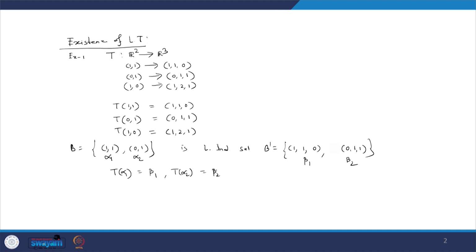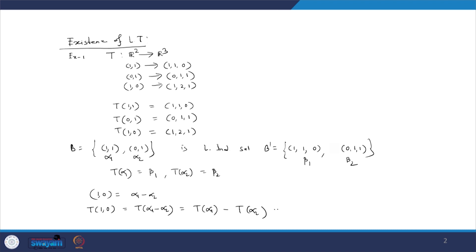But here we have another condition: (1,0) is a linear combination, alpha 1 minus alpha 2. If such a linear transformation is possible, then T of (1,0) should equal T of alpha 1 minus alpha 2, which equals T of alpha 1 minus T of alpha 2.